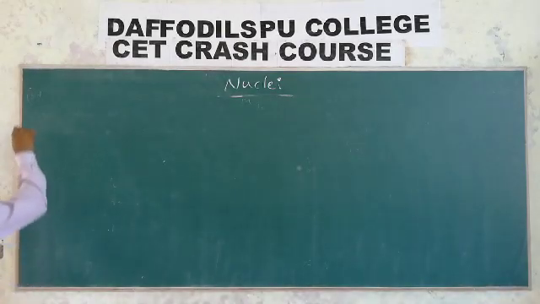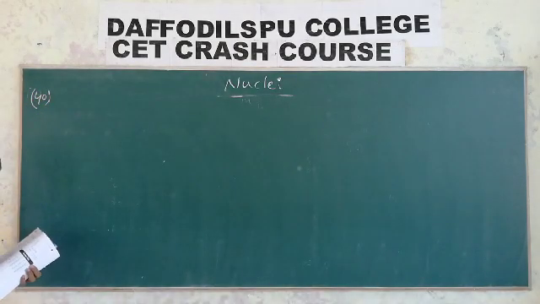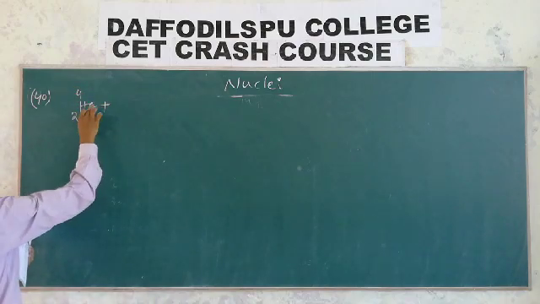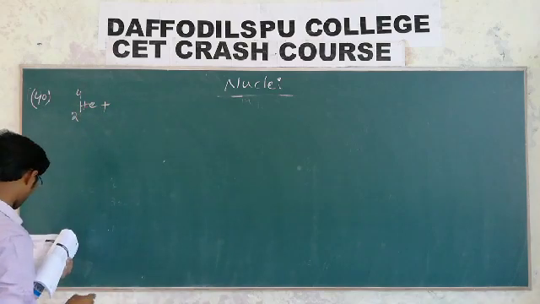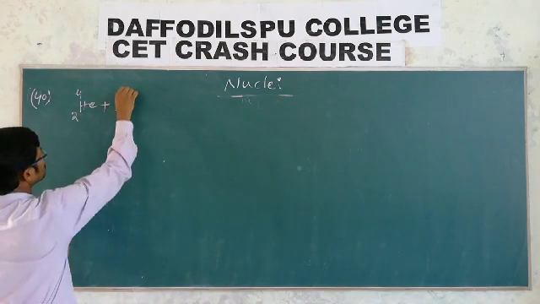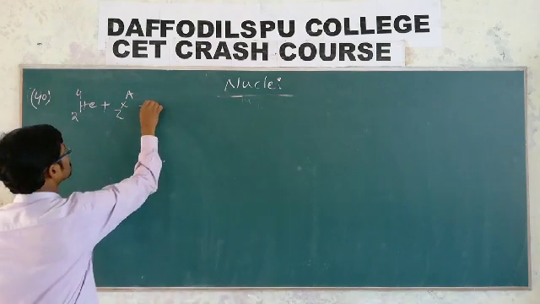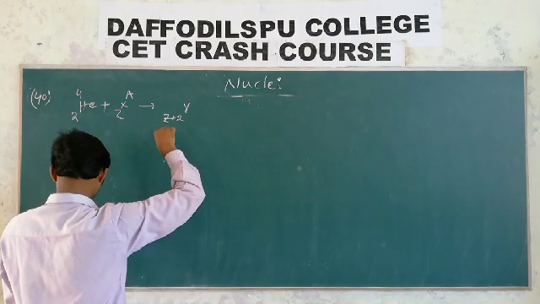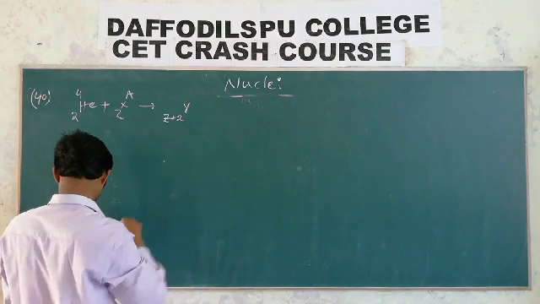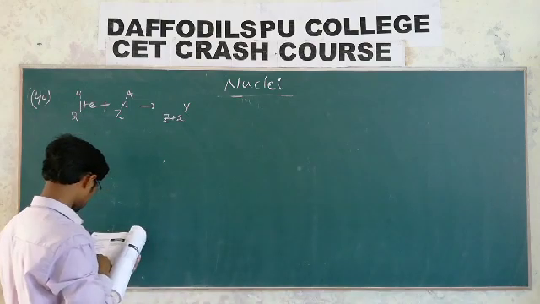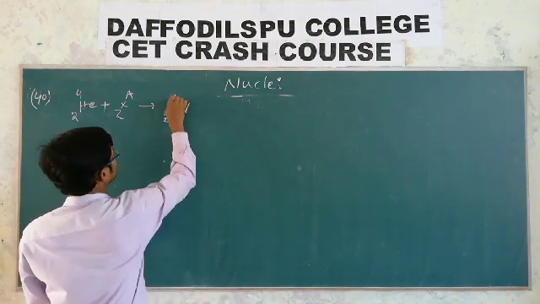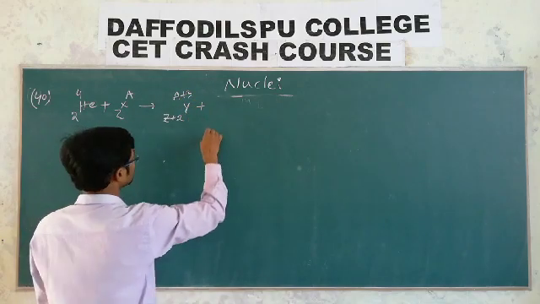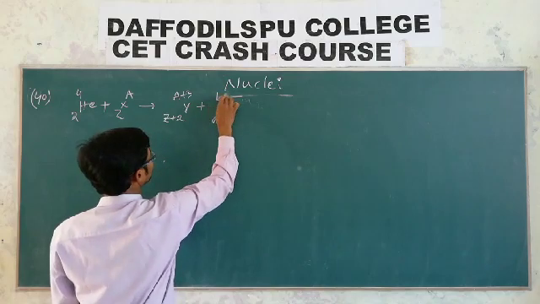Let us see question 40. Next, in a nuclear reaction, 2He4 plus ZXA gives rise to Z plus 2 Y A plus 3 plus aMb.